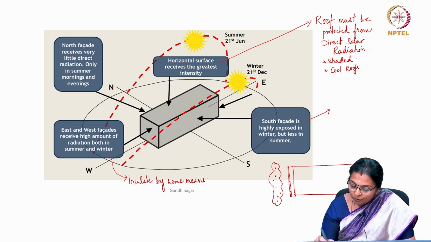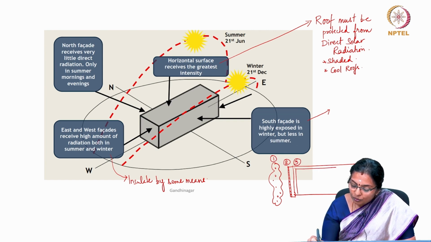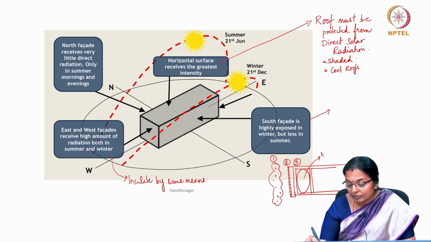or you could, so this is option 1, this is option 2, and option 3 for this is, you could also have areas which are non-habitable. We had seen what these areas are likely to be.